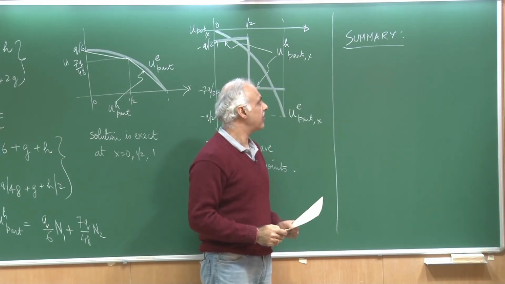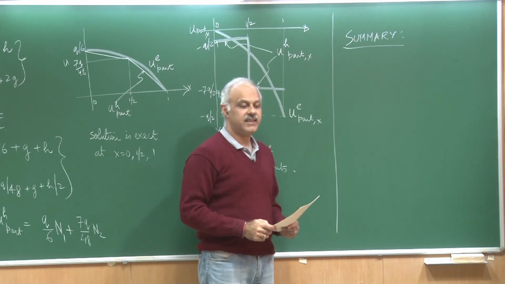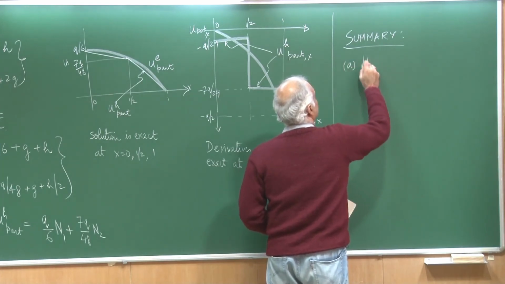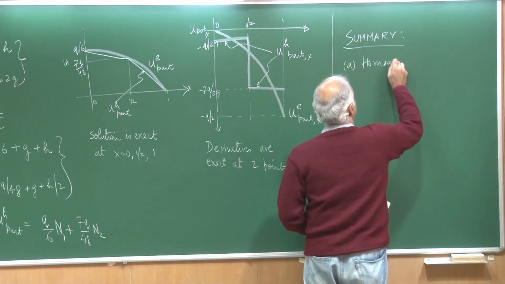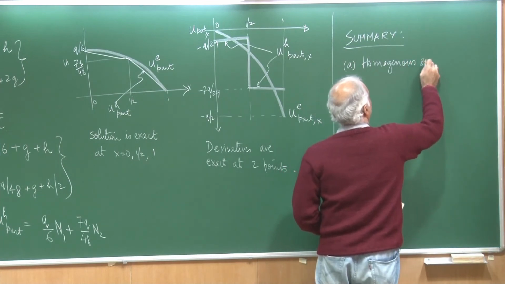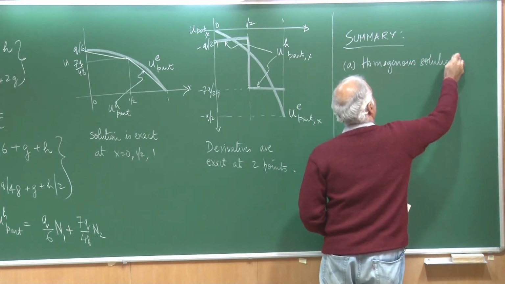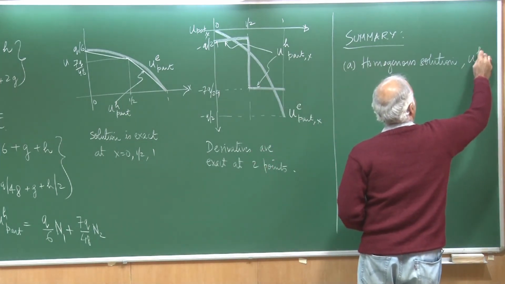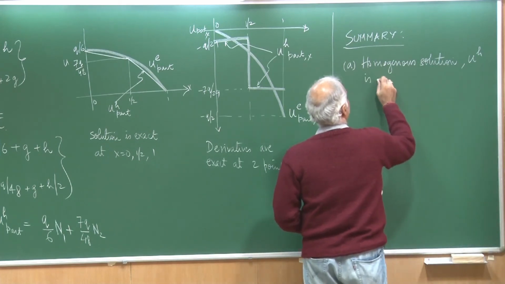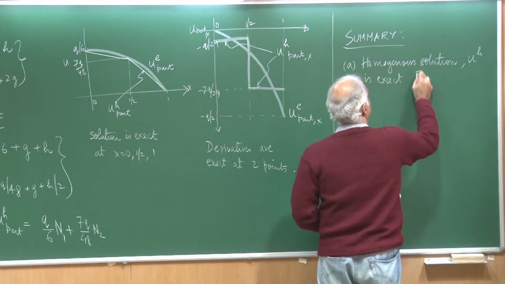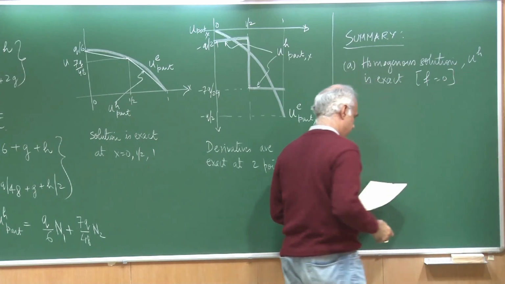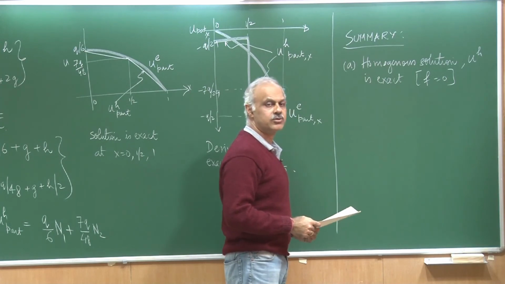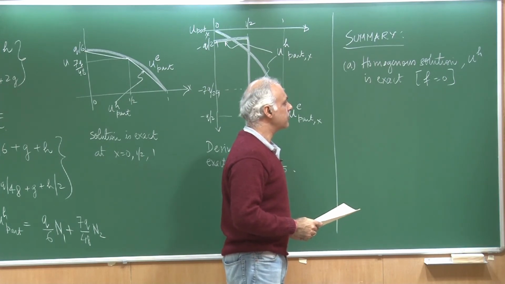We showed you an example of one single element and then two elements, and the conclusion is that the homogeneous solution, that means when f is 0, u_h is exact when f is 0 in all cases. So, whether you take n equal to 1, n equal to 2, you are able to reproduce the exact solution.